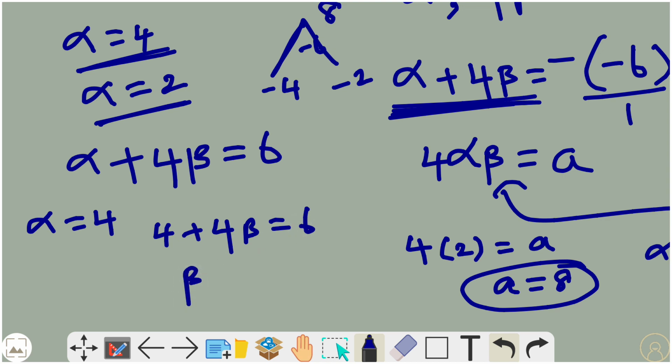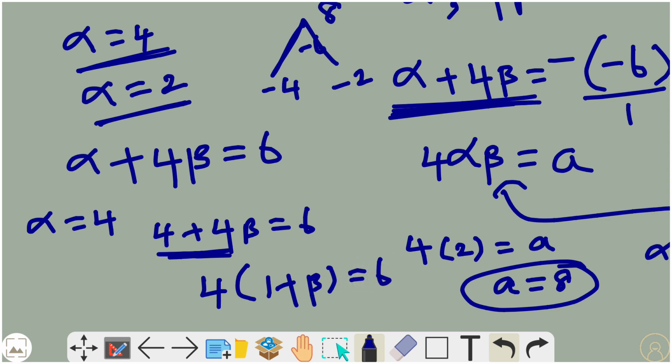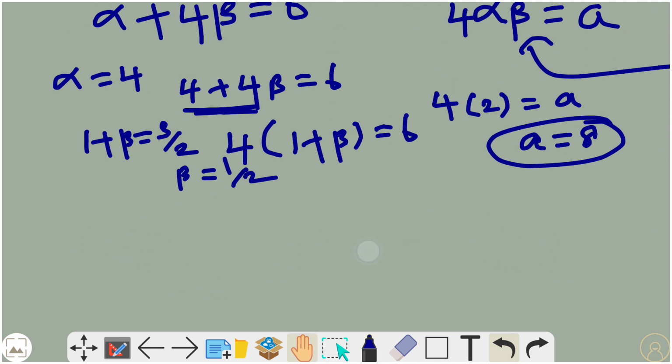Take 4 common, the remaining is 1 plus beta, which is equal to 6 by 4, that is 3 by 2. So beta equal to 1 by 2. So if alpha equal to 4, my beta is 1 by 2.